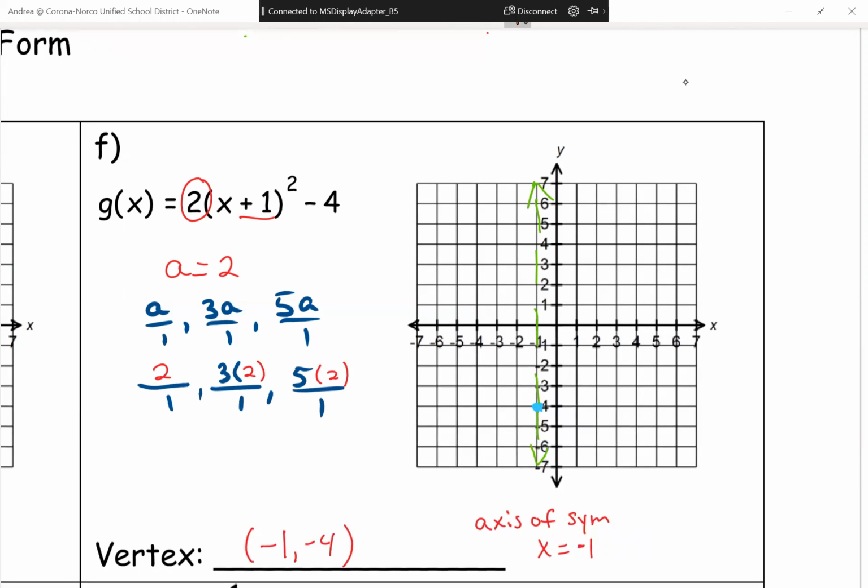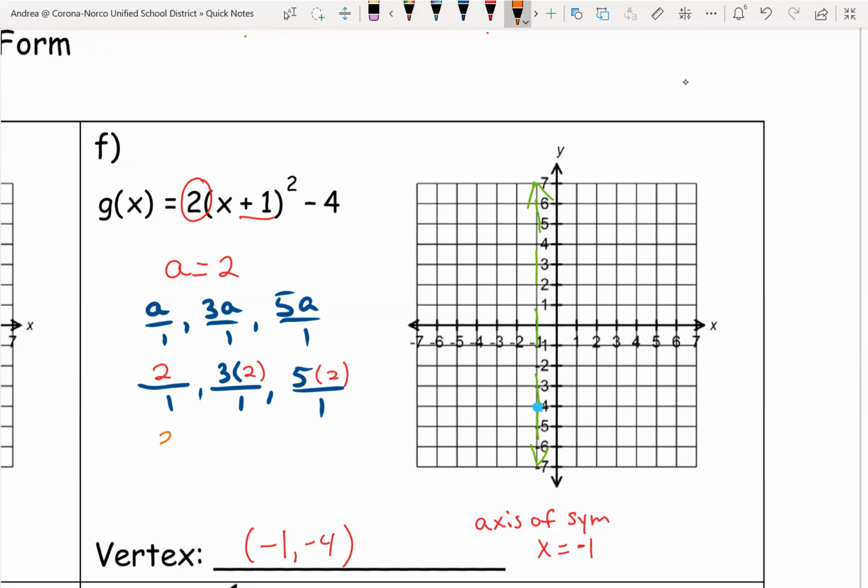Since this is positive, I'm going to be moving up, and right and left. So from my vertex, I'm going to move up 1, 2, and over 1. Up 1, 2, and over 1. The next step is 3 times 2, which is 6.